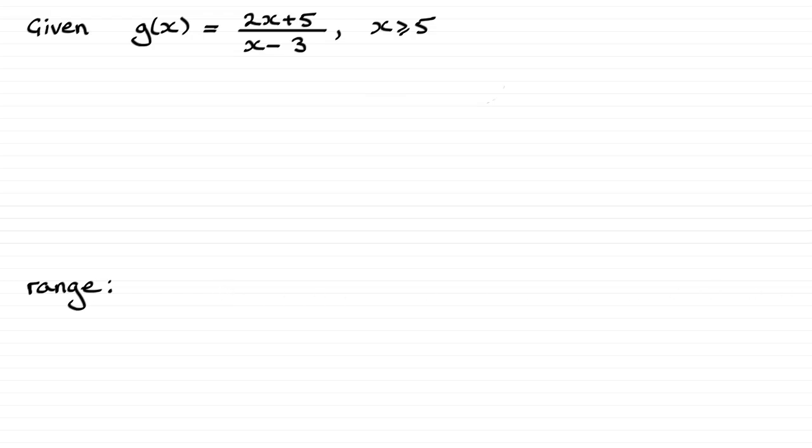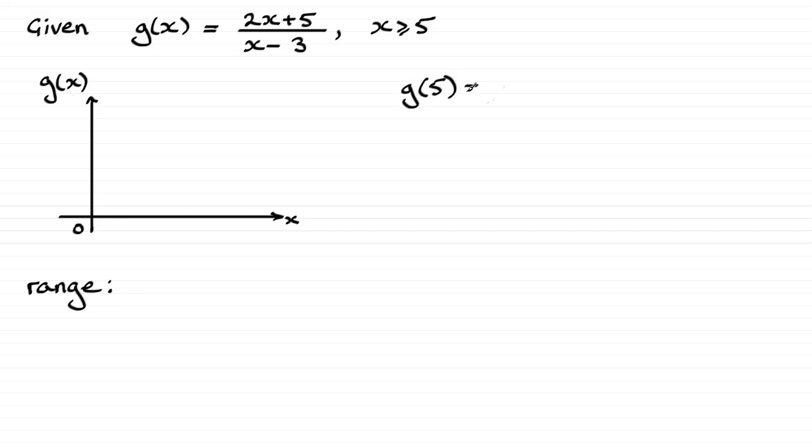So if we just set up some axes, something like this, we've got the origin here. Looking at this graph, we know that when x is equal to 5, we saw in the last part that g of 5, just by substituting x equals 5 in here, gave us 7.5.